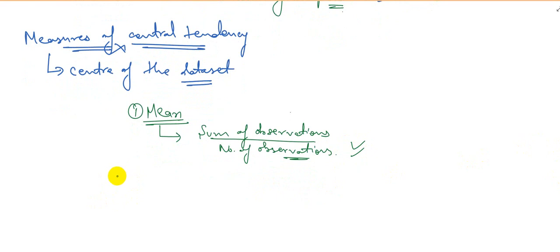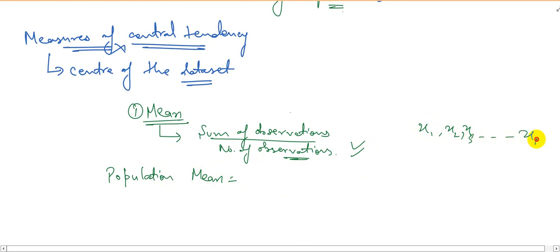But the mean is again classified into two types, which are the population mean and the sample mean. Population mean: let us take x1, x2, x3 and so on up to xN, and here in between there is some x small n, and n is less than N. So the population mean is the sum of all the observations upon the number of all the observations.